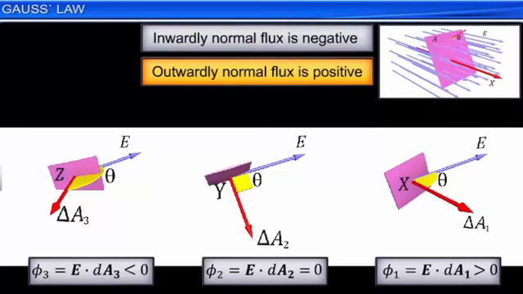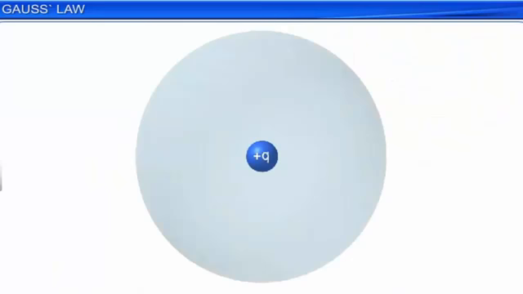Let us now consider a point charge plus Q placed at the center of a sphere of radius r. Let us now look at Gauss' law, which defines the relation between the net electric flux through a closed surface and the charge enclosed by that closed surface. This law is of fundamental importance in the calculation of electric field strengths.